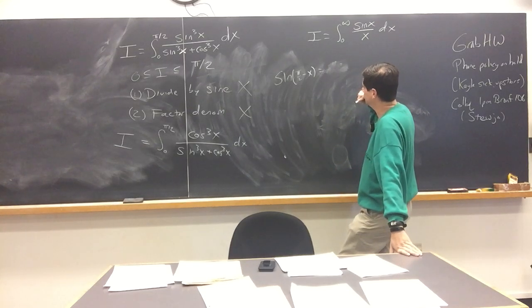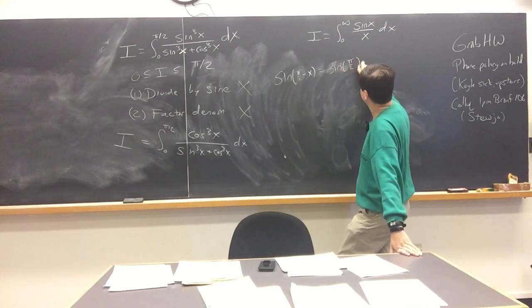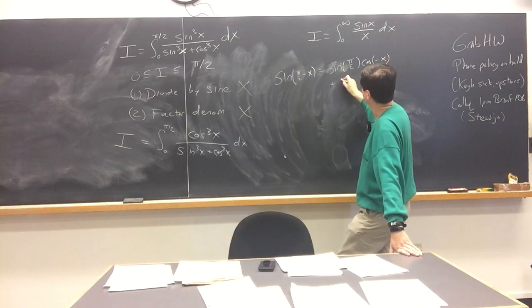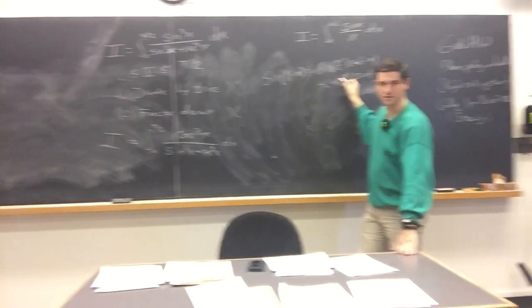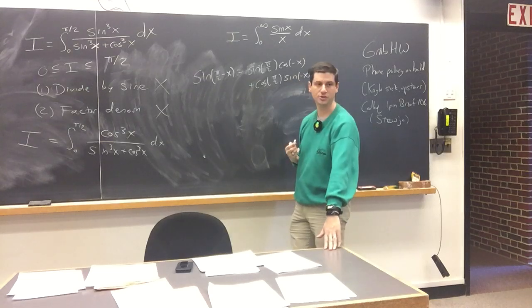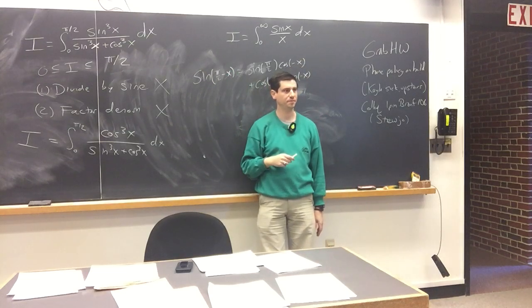I'm just trying to remember the angle identity. Sine A cosine B minus cosine A sine B. So it'll be sine pi halves cosine negative x plus cosine pi halves sine negative x. Cosine pi halves is 0, sine of pi halves is 1, cosine of negative x is just cosine. So if I just run the integration backwards, I get the same thing.